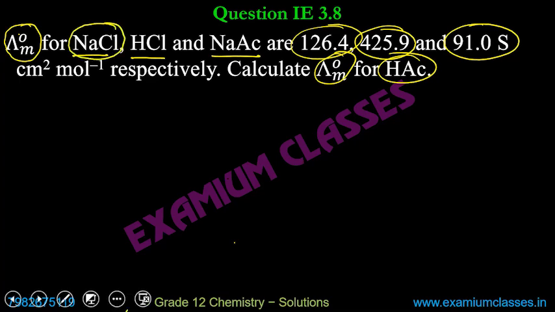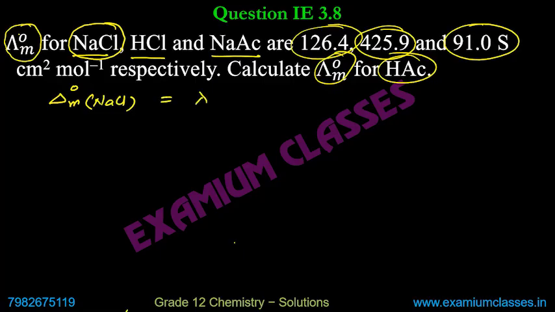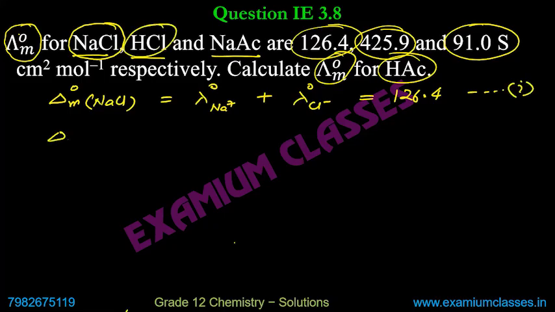It is given. Okay. So we will say for NaCl, lambda m naught NaCl will be lambda Na plus naught plus lambda Cl minus naught, and it is given as 126.4. Say this is first equation. Similarly, now for HCl, lambda m naught HCl will be lambda H plus naught, means individual ions' limiting molar conductivity, plus lambda Cl minus naught.